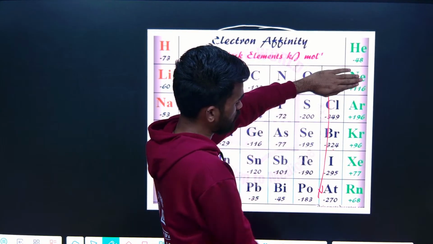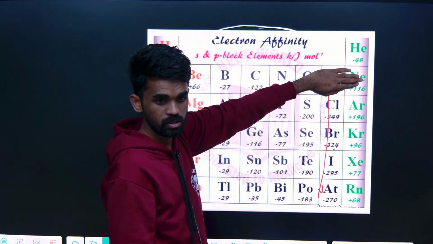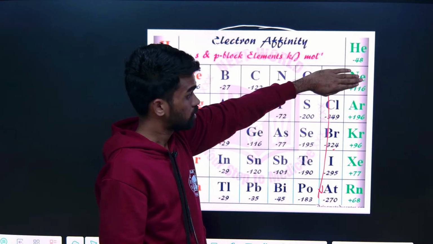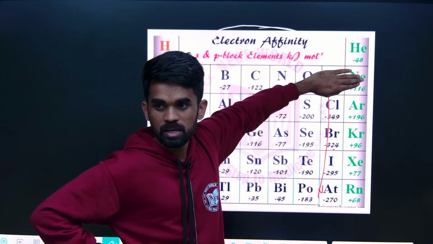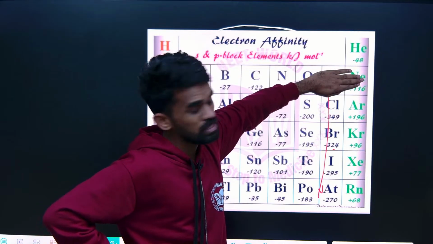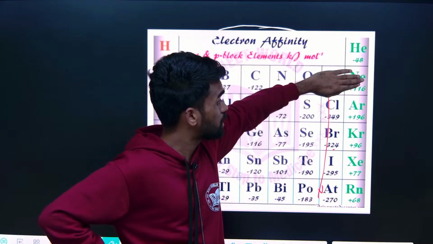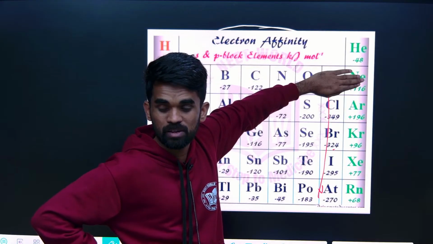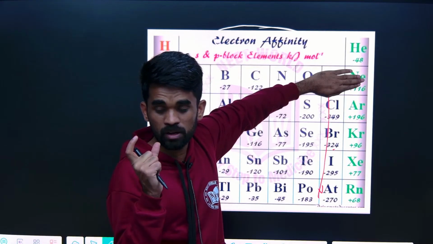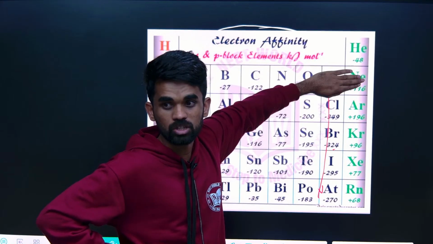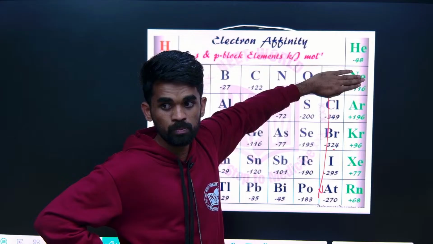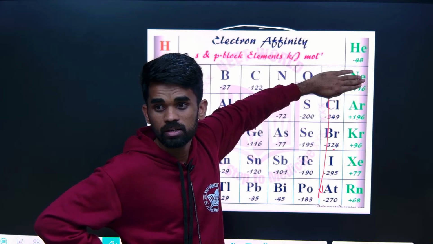Which has more tendency to gain the electron? The one releasing the highest energy. Comparing the magnitude, the value is bigger for chlorine, so it has more tendency to gain the electron. Down the group, the tendency to gain the electron decreases.